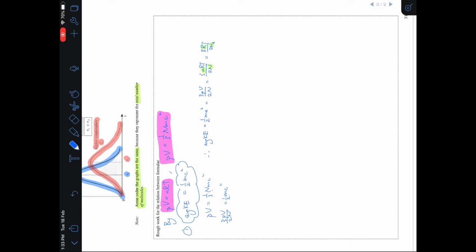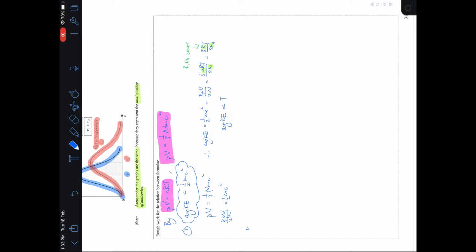Okay, and this 2 is a constant. R and N_A are constants, so that we can conclude that the average KE is in fact directly proportional to T. Okay, this is the first derivation.